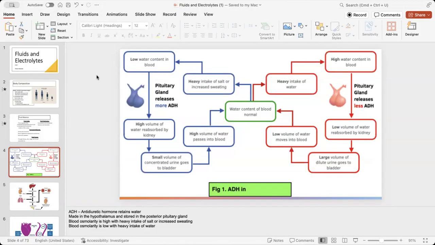Why is it secreted? When is it secreted? What is its role? Okay, now explain to your partner.